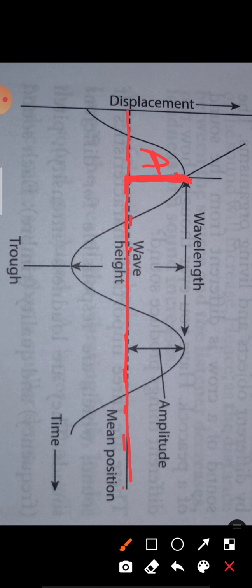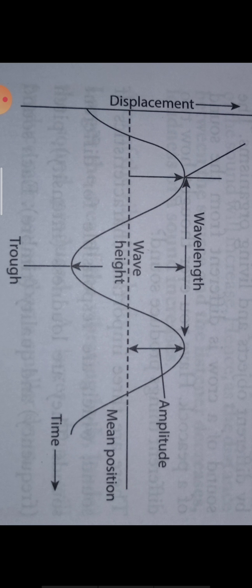Now frequency. What is frequency? Frequency means the number of vibrations produced by a vibrating body in 1 second. I'm producing a sound, that's why you can hear my voice. How can I produce a sound? Because my vocal cord is vibrating.